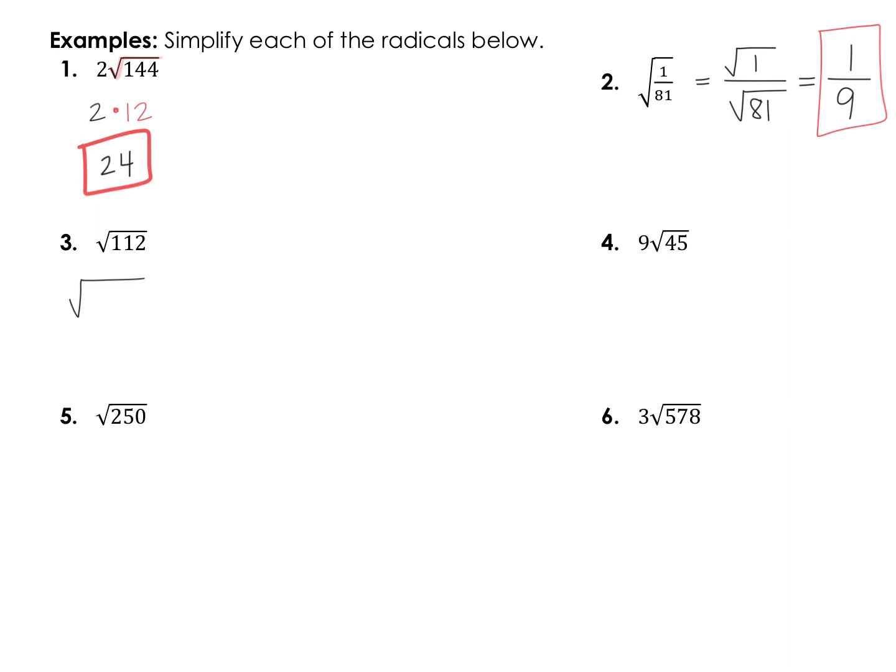You're going to have the perfect square first, so 16 will go out in front, and then 7. What is the square root of 16? It's 4, so you write it as 4 root 7.